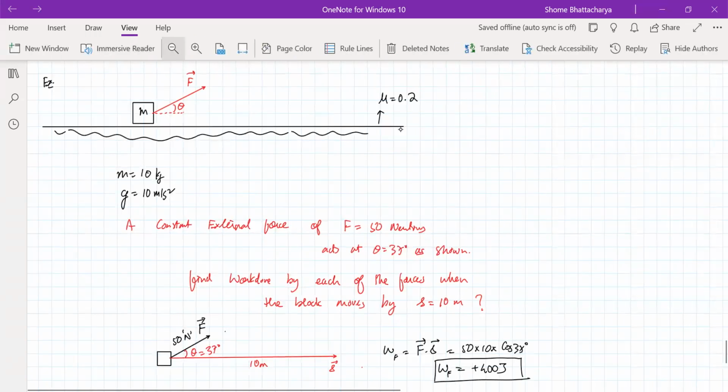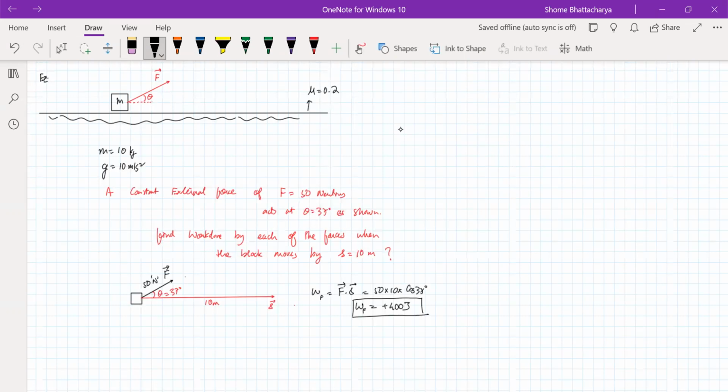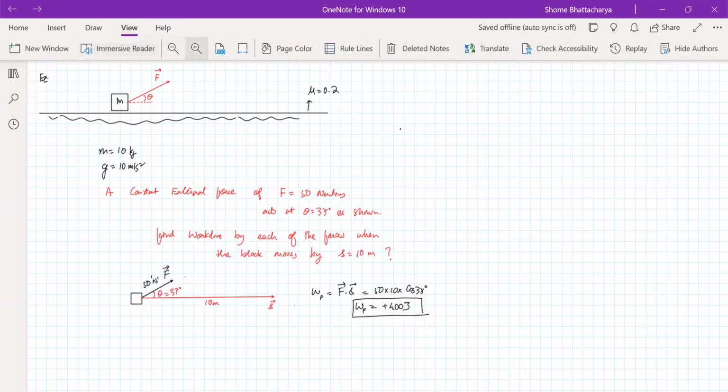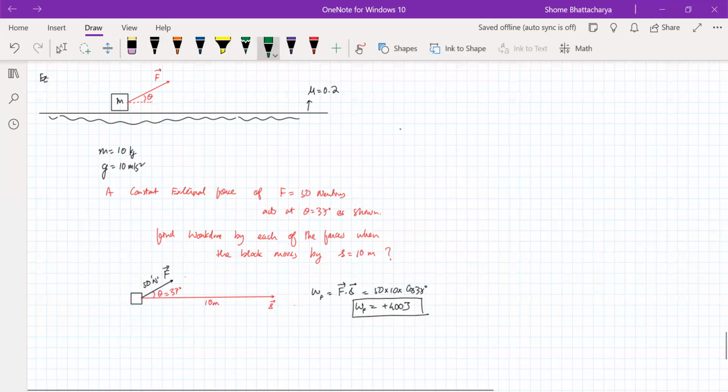Now similarly, I want you to calculate for me the work done by all the other forces. So how many other forces are acting? Let's find out from the free body diagram. So there is weight of the block acting vertically downwards, pretty large amount of force, 100 newtons because m is 10 kg.